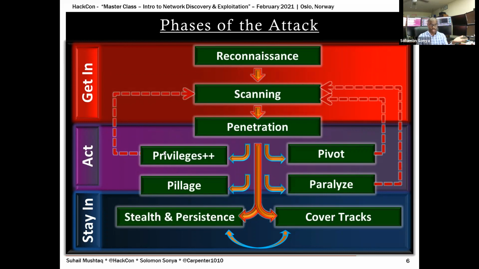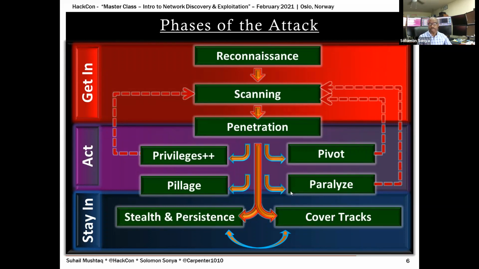But if I can gain access to one of those machines masquerading as a user, since other systems may trust me, that looks like the user, it may be easier for me to carry out additional attacks. I can pivot to other machines from that. Or paralyze. When we look at the MITRE ATT&CK framework, paralyze was one of the impact effects towards the right side of the screen whenever we looked at the different paradigms for carrying out cyber attacks.